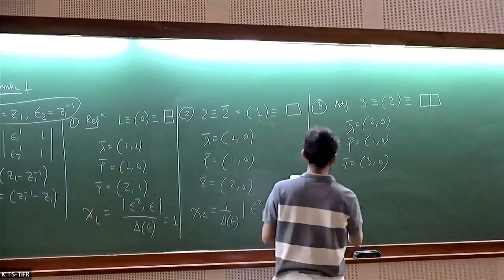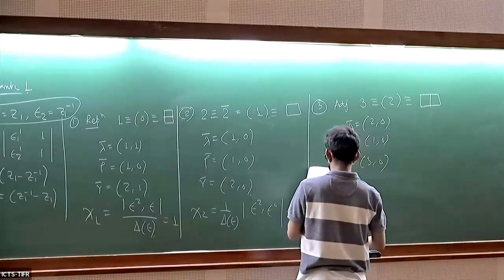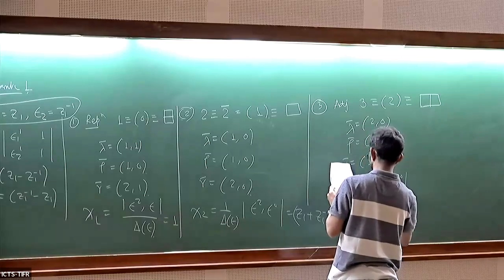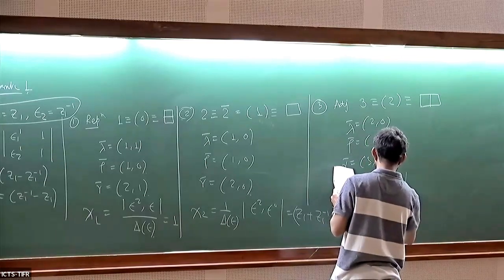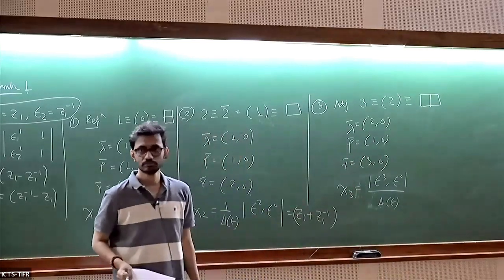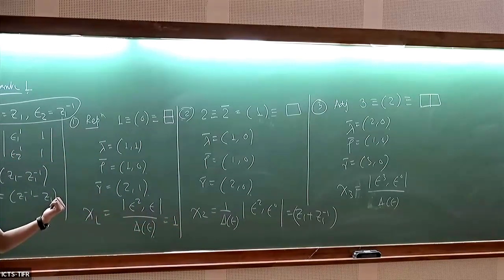Okay. Now, what is my chi3? Is epsilon cube, epsilon 0, and then we have a delta E. Right? Everyone agrees with this structure? Right?